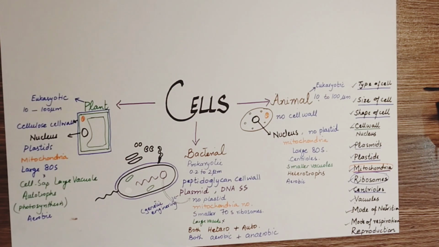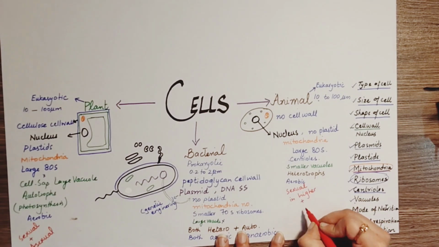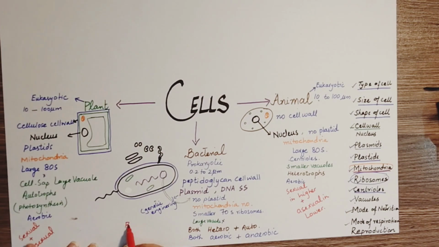Then we'll talk about respiration. Plant cells can do aerobic respiration, animal cells can also do aerobic respiration, whereas bacterial cells can do both. Talk about their reproduction. Plants can do sexual reproduction in higher plants and asexual reproduction in lower plants.